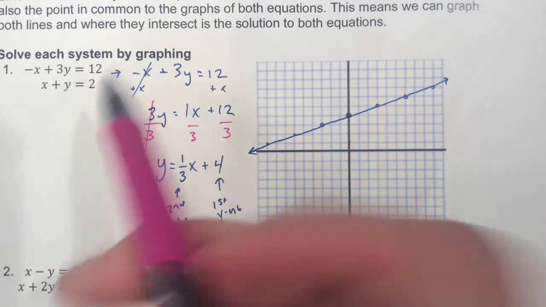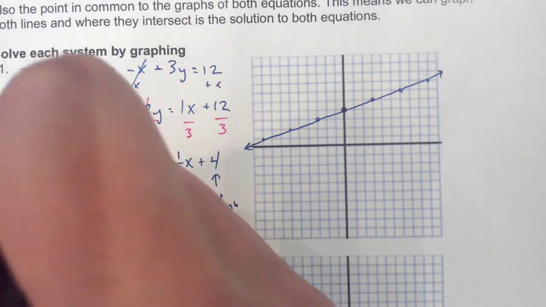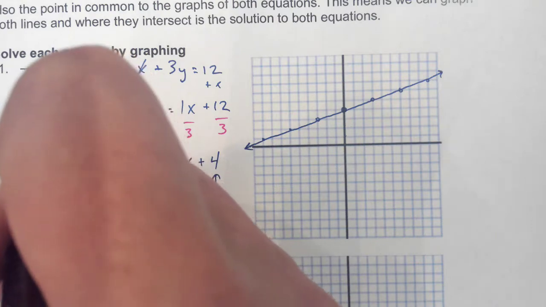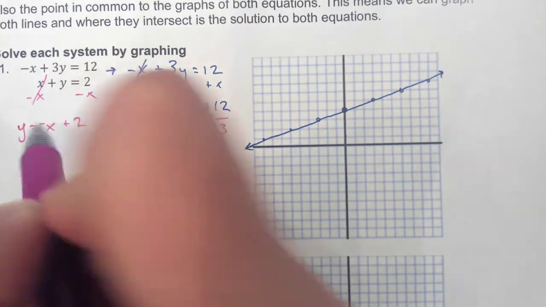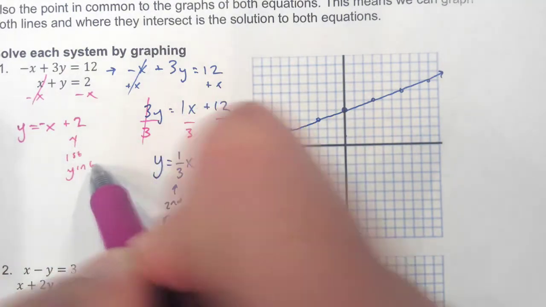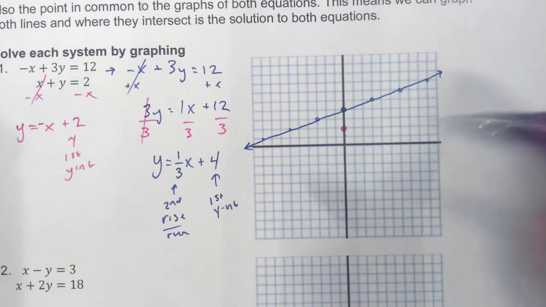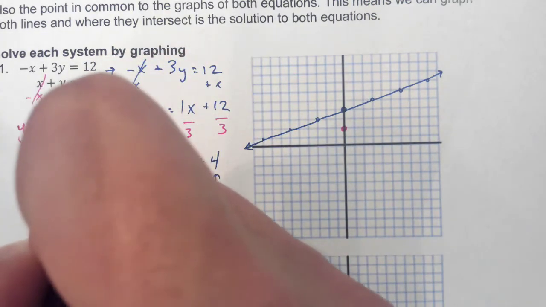Second line only takes one step. You just have to move the x. So it looks like y equals, in the correct order, negative x plus 2. Okay, remember, this number is first. It is the y-intercept, so we go up 2. And then the slope is the second number. It is rise over run.